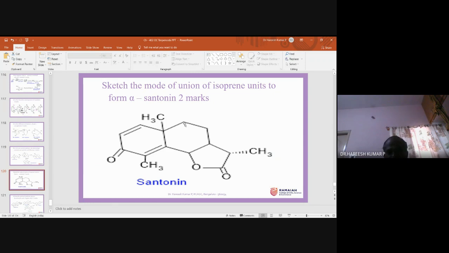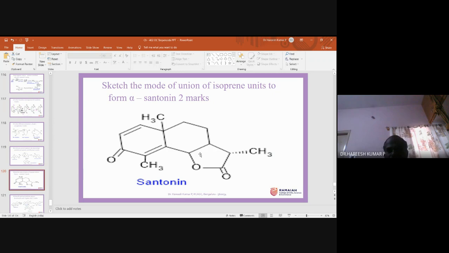From this carbon onwards, it's 1, 2, 3, 4, 5, up to this carbon is another isoprene unit. Then this 1, 2, 3, and this one is 4 and this one is 5. Up to this is another isoprene unit.